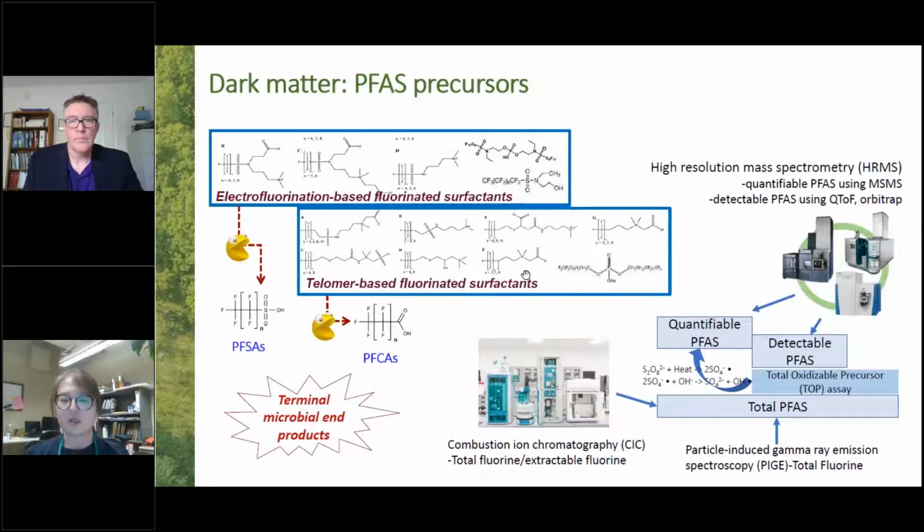As far as I know, in many cases the total fluorine analysis was supported for AFFF-impacted sites, because at an AFFF-impacted site the majority of the fluorine source could be PFAS. So it could successfully support the level prediction alongside the HRMS analysis.